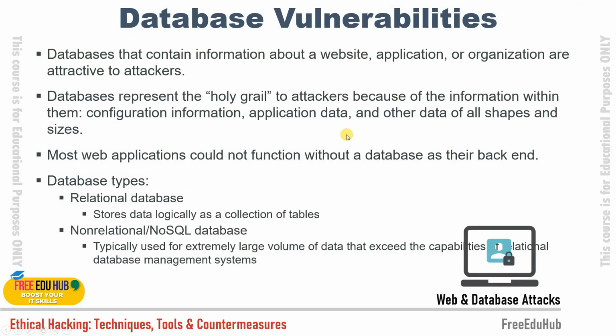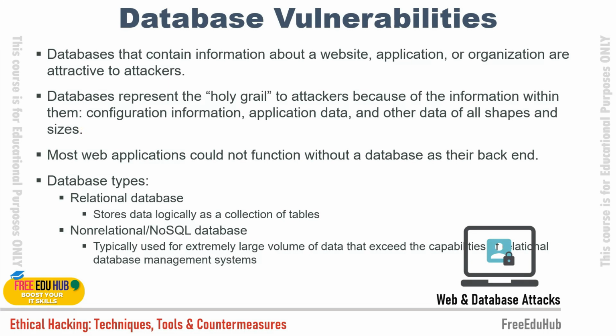Now we'll be talking about the database vulnerabilities. Now the database contains the information about the website and application of the organization, and they are quite attractive to the attackers, as we talked about in the starting of the chapter. Databases represent the holy grail for attackers because of the information within them: configuration information, application data, and all sorts of shapes and sizes, because nowadays with content management systems, you are saving everything in the database.